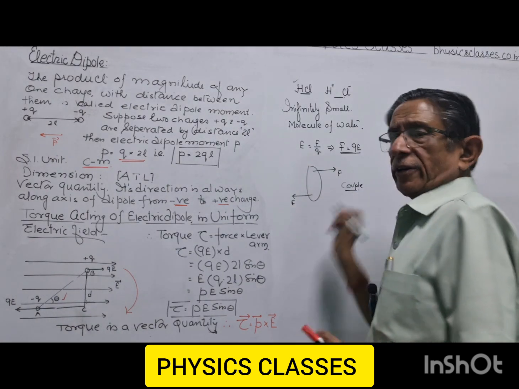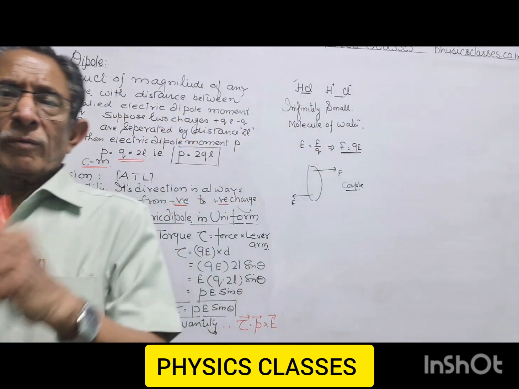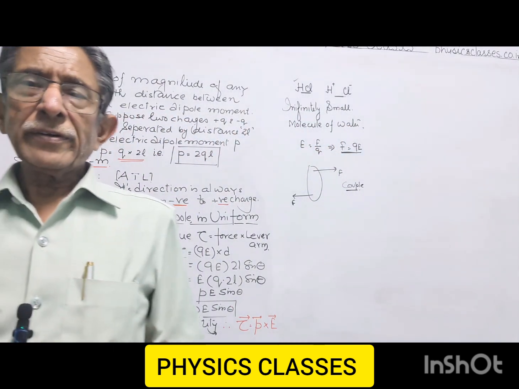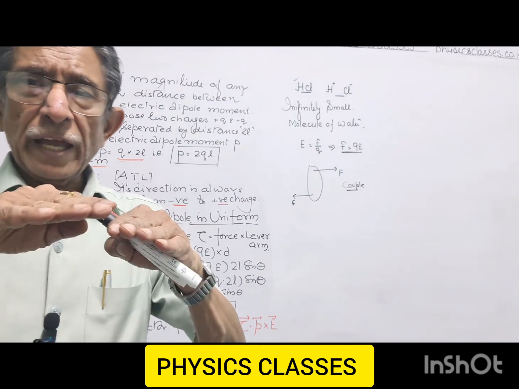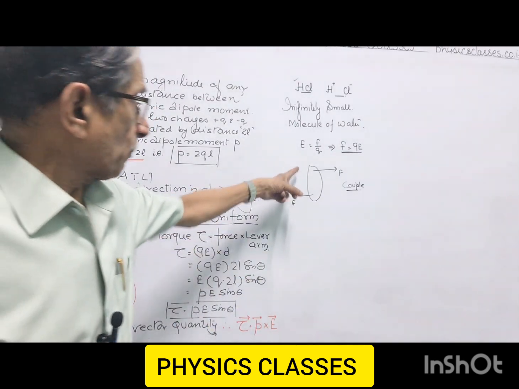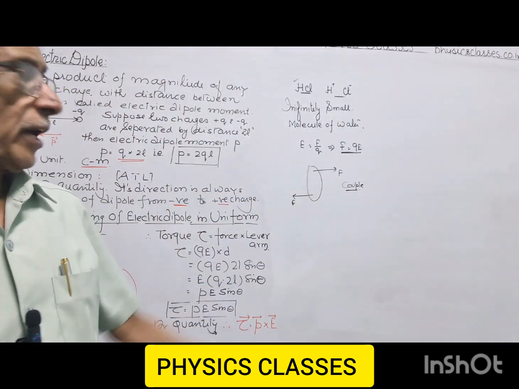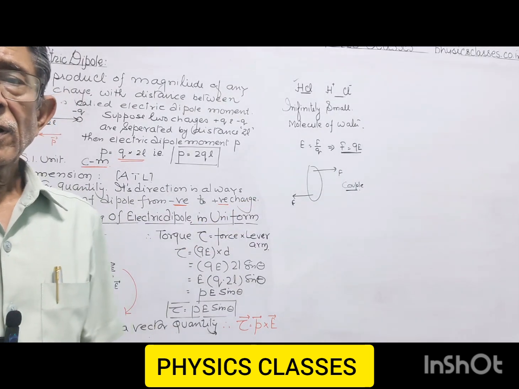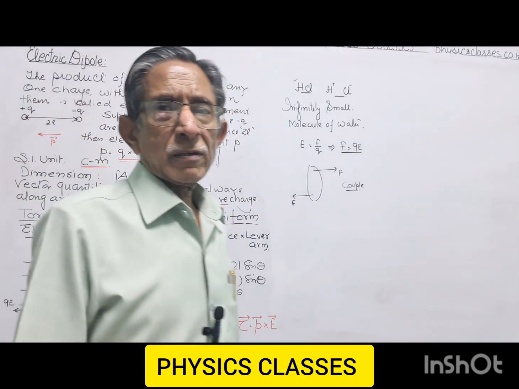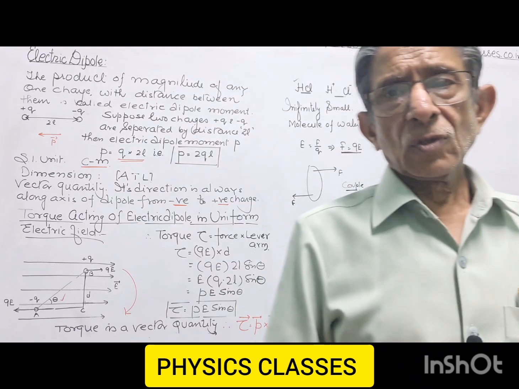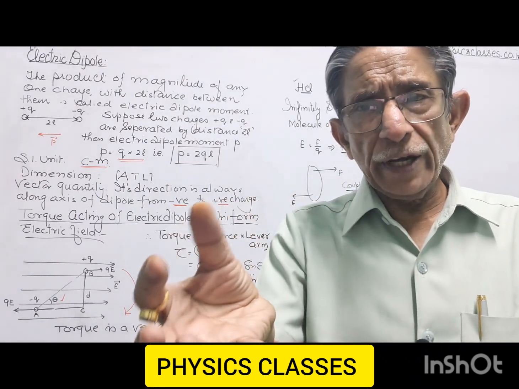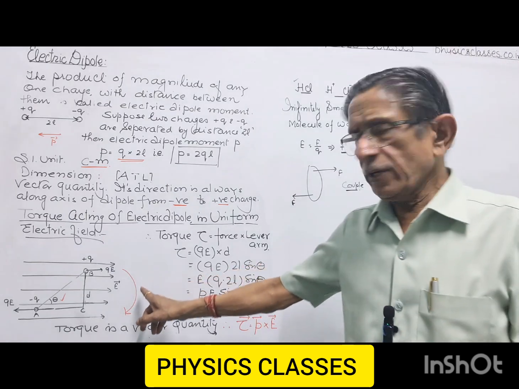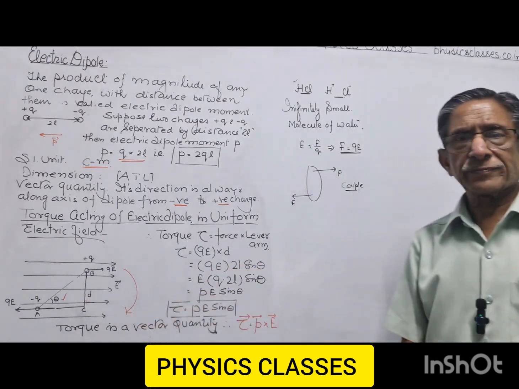So when two equal and opposite forces act on a body such that they are parallel to each other and their line of action does not pass through the same point, then it is called couple. And the moment of couple is called torque. This couple has a tendency to rotate the body, you can see here, in clockwise direction.